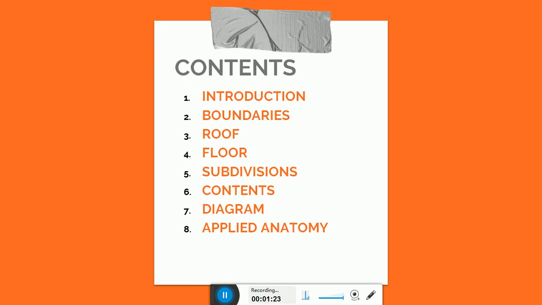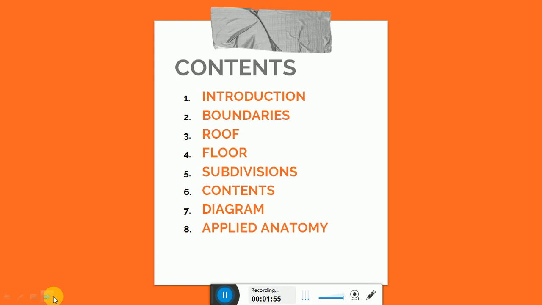So the posterior triangle of neck should be under these headings: introduction of this part, boundaries of the triangle, roof, of course floor, along with that how this triangle is divided into two subdivisions, contents, diagram and applied anatomy. All these points should be there in your answer sheet.